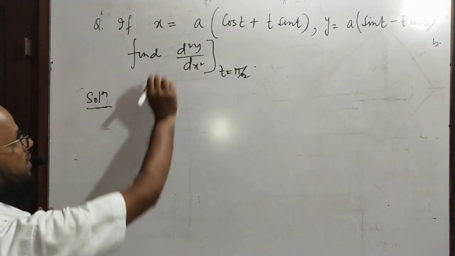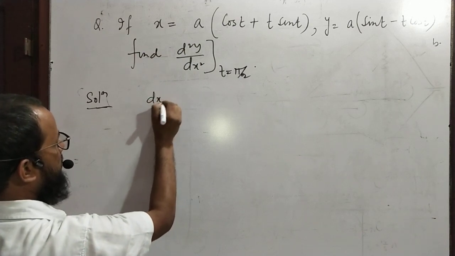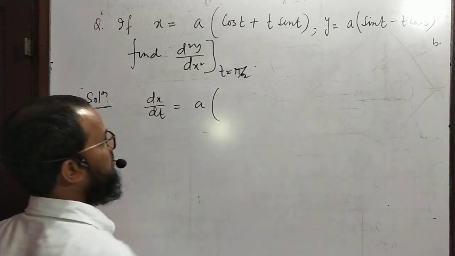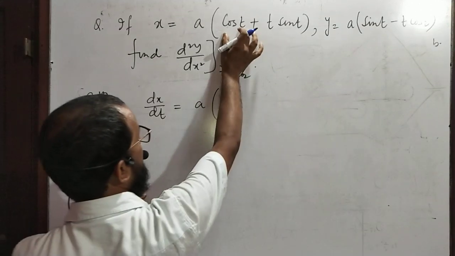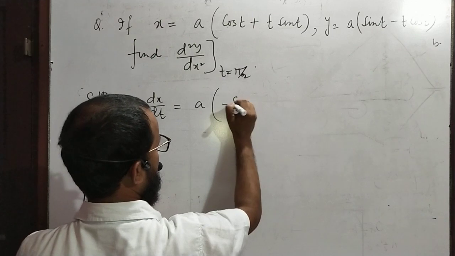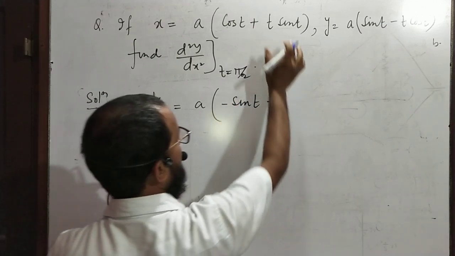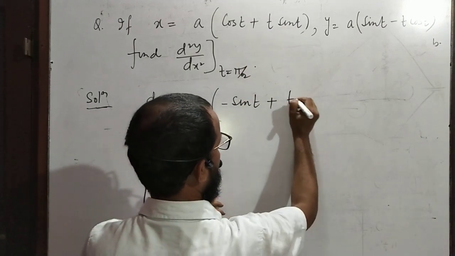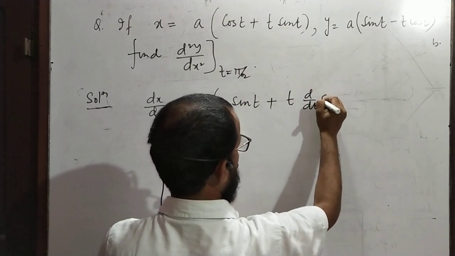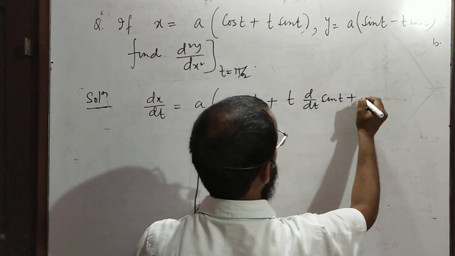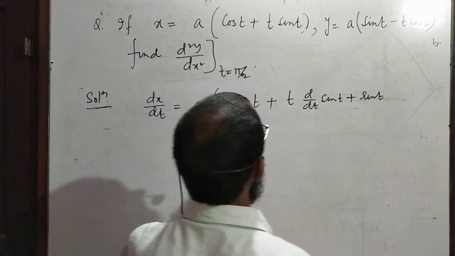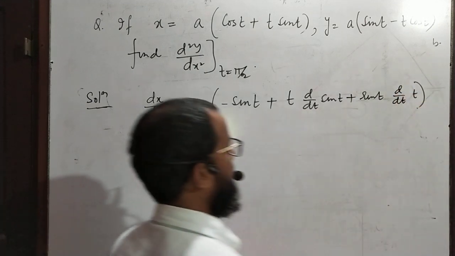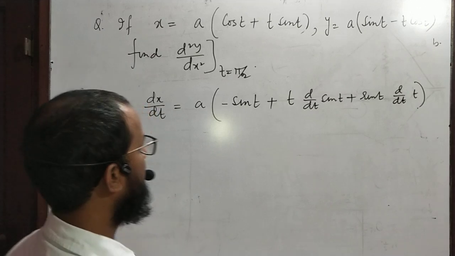Okay, so start with x, means you have to find dx by dt. a is a constant, थोड़ा सा फास्ट करेंगे मैं, and d/dt of cos t is what, minus sin t, and here you can apply u into v formula, t into d/dt of sin t plus sin t into d/dt of t. Okay, UV formula I am applying here.